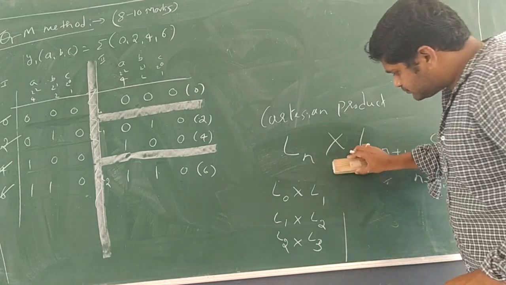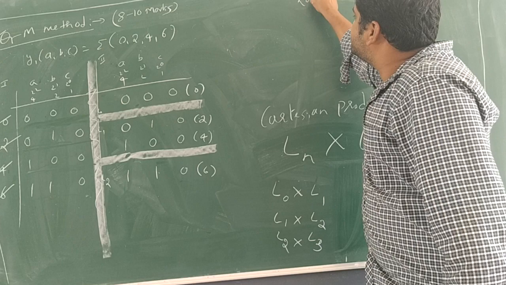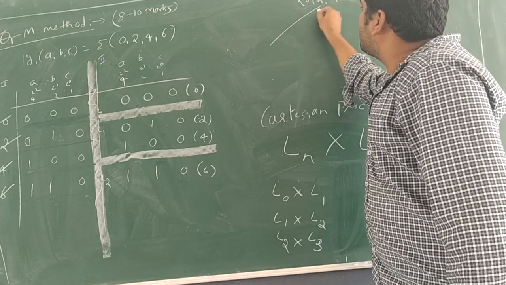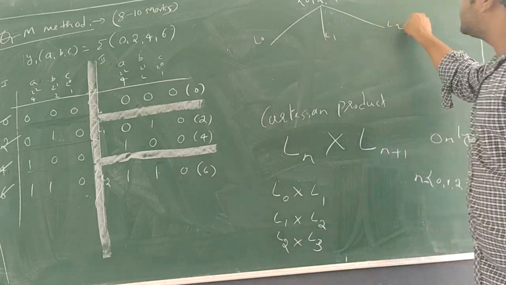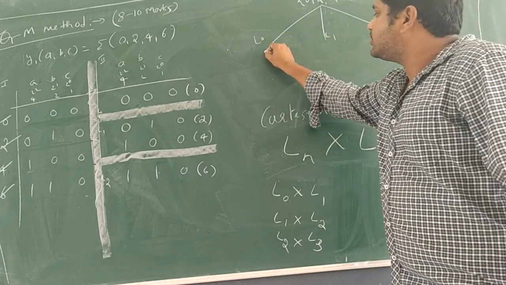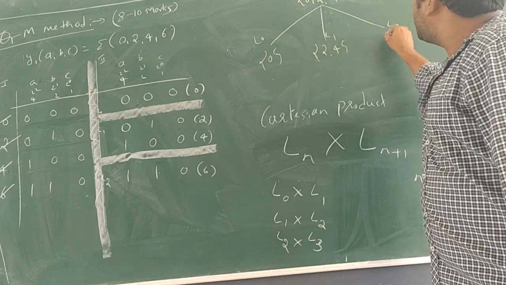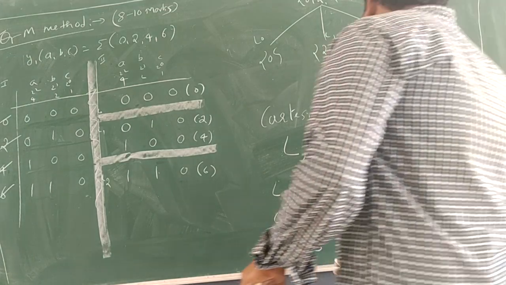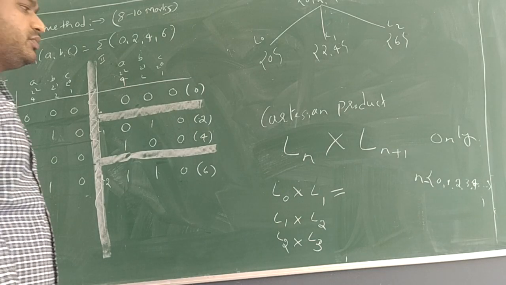Here I have written the complete set 0, 2, 4, 6. So we have got 3 sets, L0, L1, L2. What is L0? 0. L1 is 2, 4, and here we have got 6. Now substitute the Cartesian set possibilities.